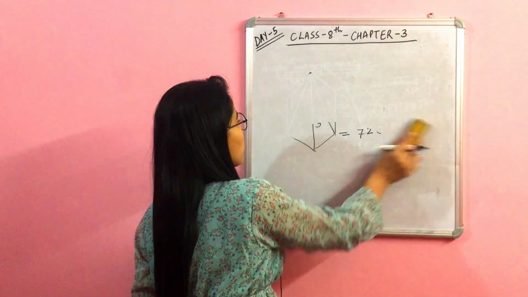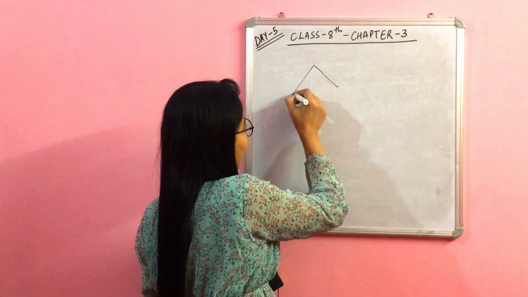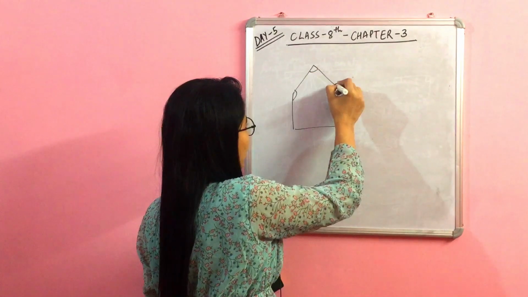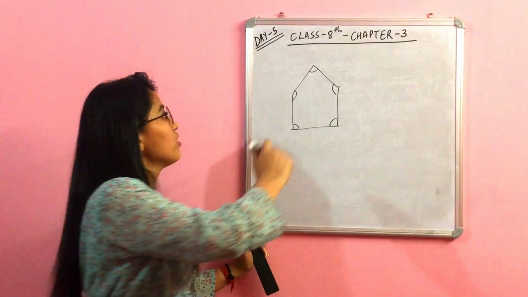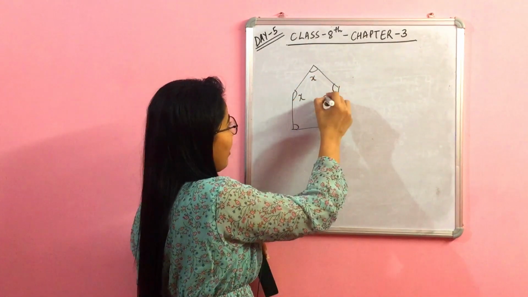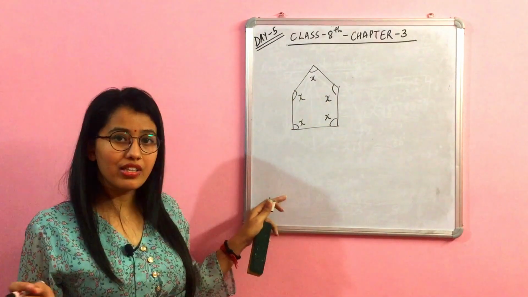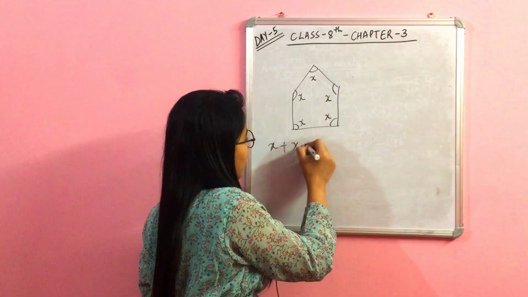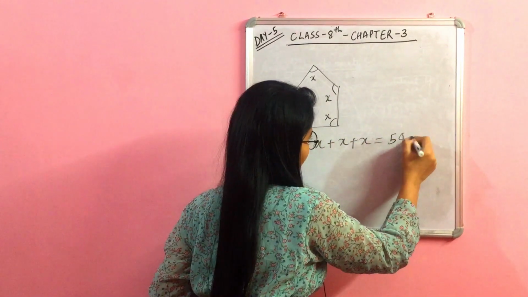Now let us solve the example which we discussed earlier. If we have to find the angles of a polygon which has equal angles and equal sides, we can assume the angles are x, x, x, x and x, as we know all 5 angles are equal. So I can add x plus x plus x plus x plus x is equal to 540.